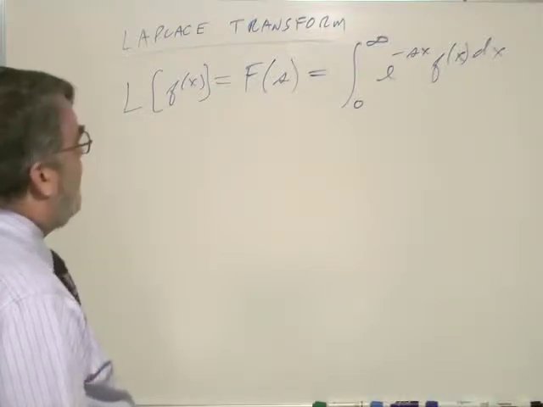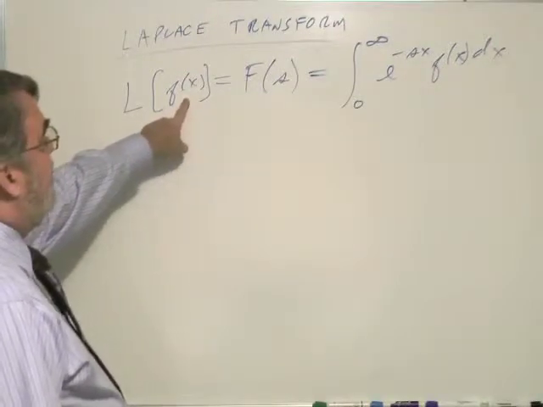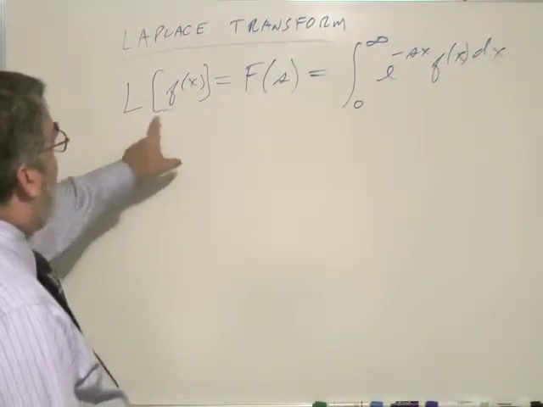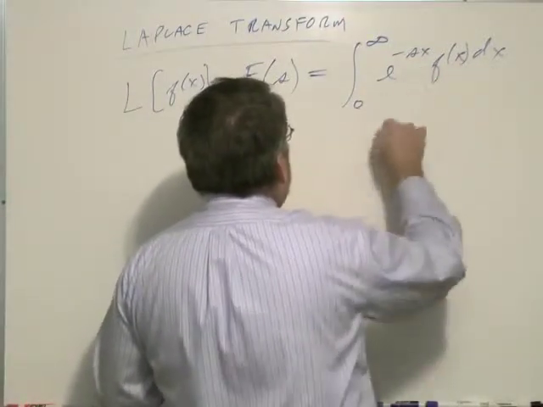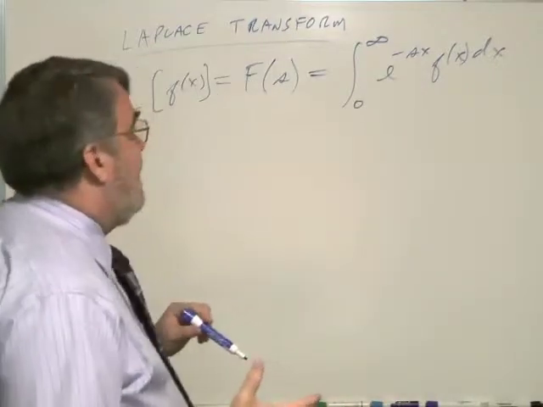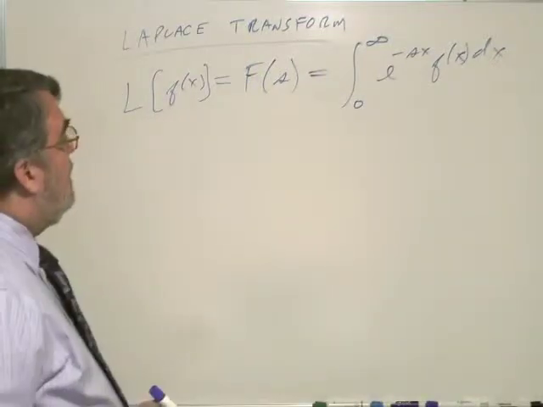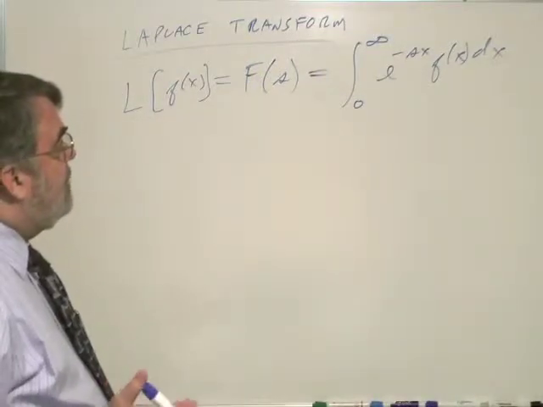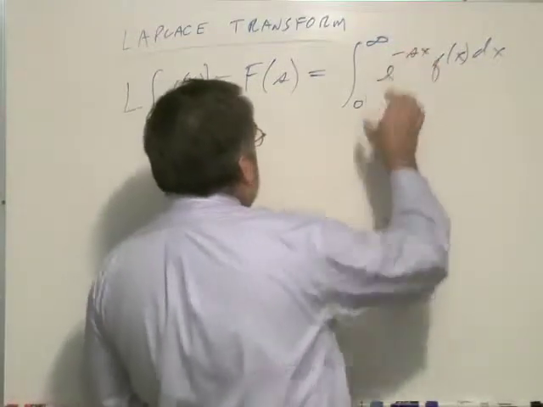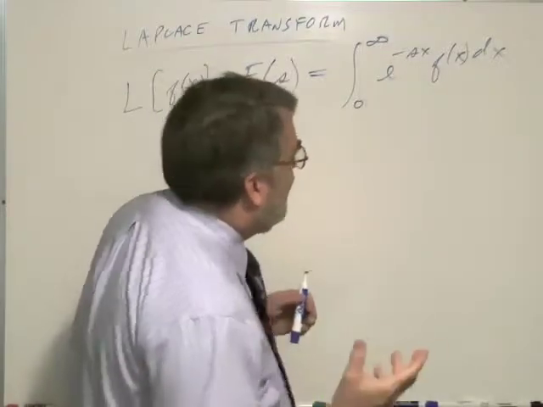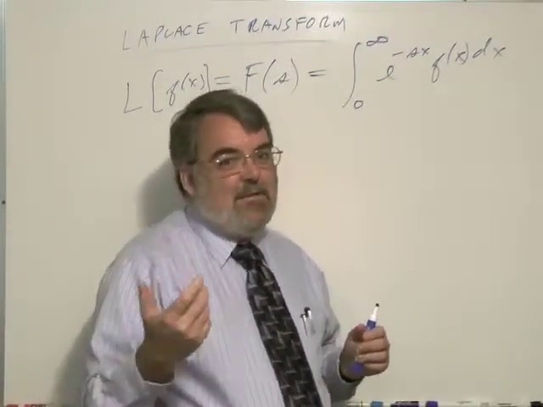But anyway, the Laplace transform uses an integration based upon the input value of f of x. So f of x goes into here, multiplied by e to the minus sx, and you integrate from 0 to infinity. So it's an improper integral, which will almost always converge because e to the minus sx, whatever s is, gets small very quickly as x grows.